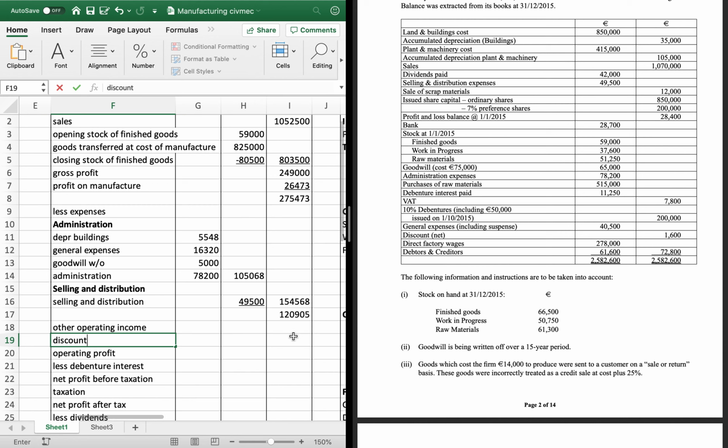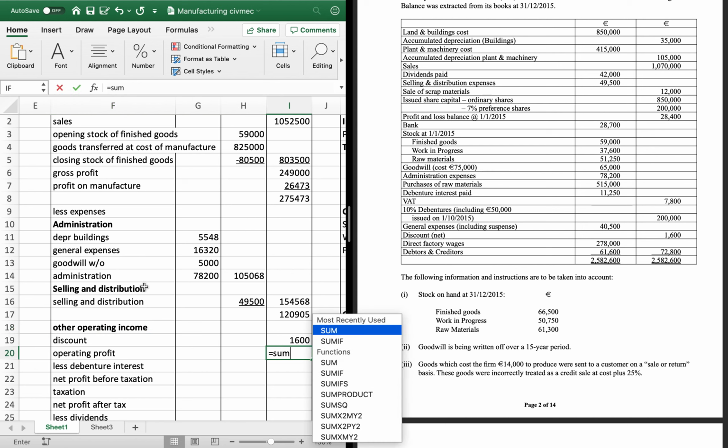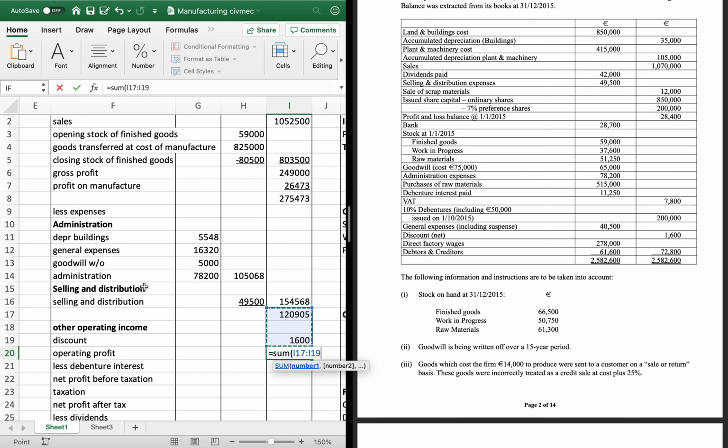So we have to add that 1,600 on, and then that becomes our operating profit. Okay, so hopefully that's all worked out. 122,505.